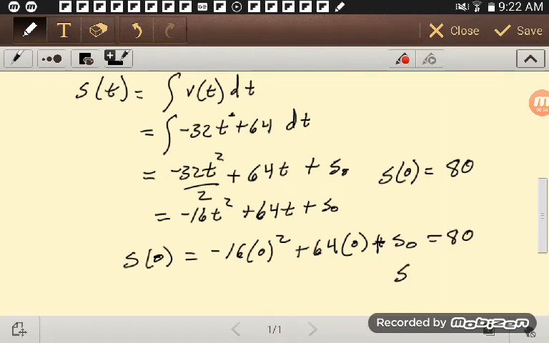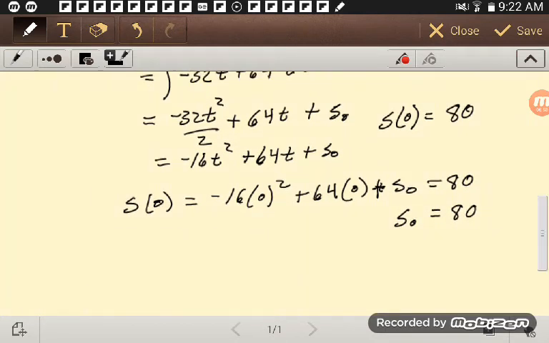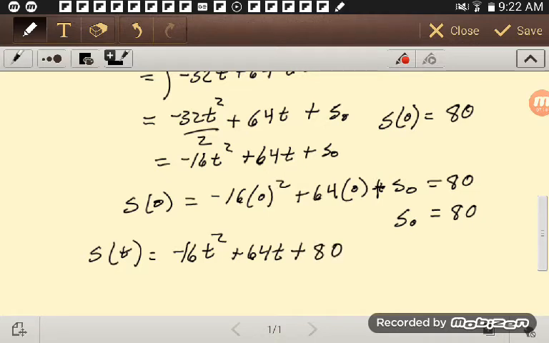And so we get S0 equals 80. That brings us back to S of t is equal to minus 16t squared plus 64t plus 80. And there we've recovered the position just from the acceleration.